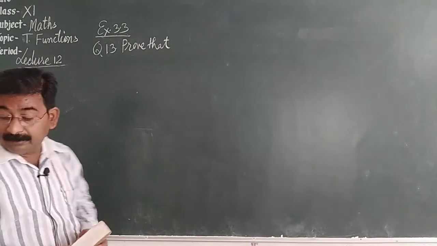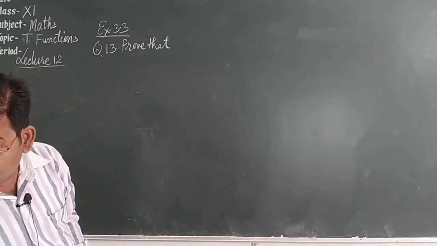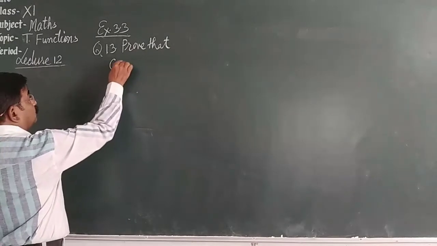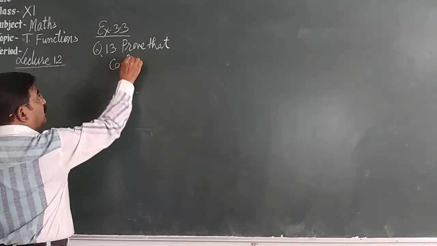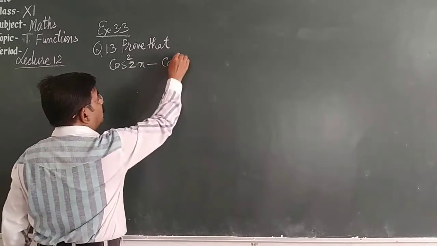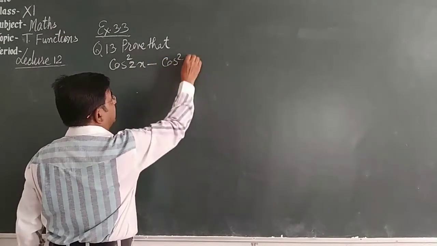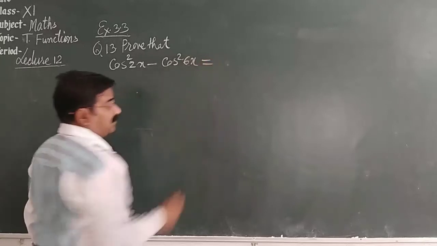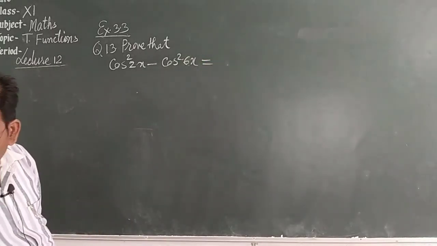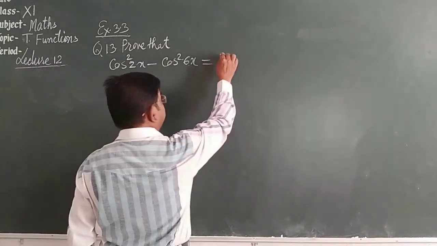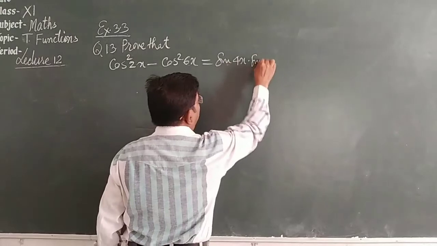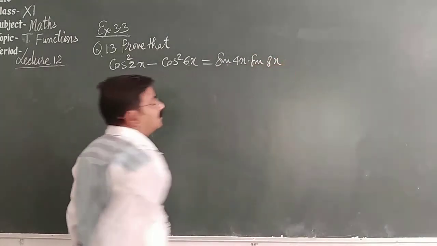This time we are given cos square 2x minus cos square 6x is equal to sin 4x into sin 8x.